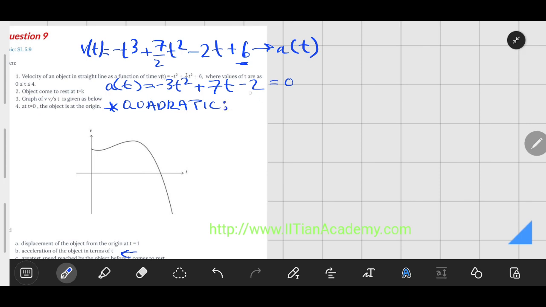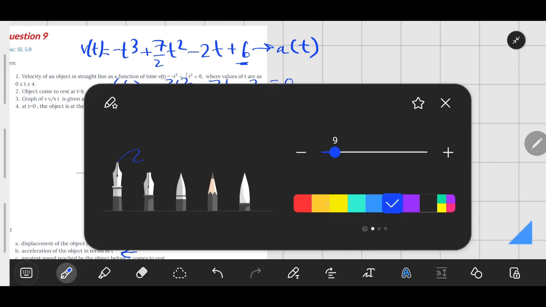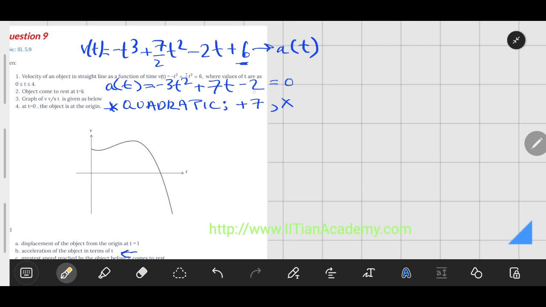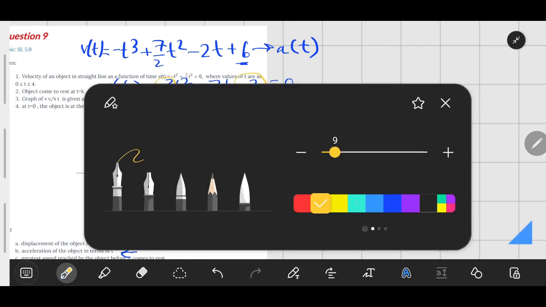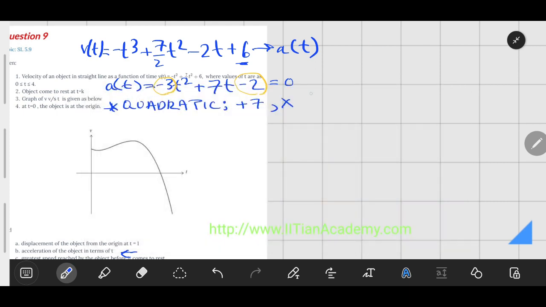I prefer factoring, so we would need terms that add to 7 and multiply to 3. Negative 3 times negative 2 is just positive 5. Oh, nope, 6, positive 6.